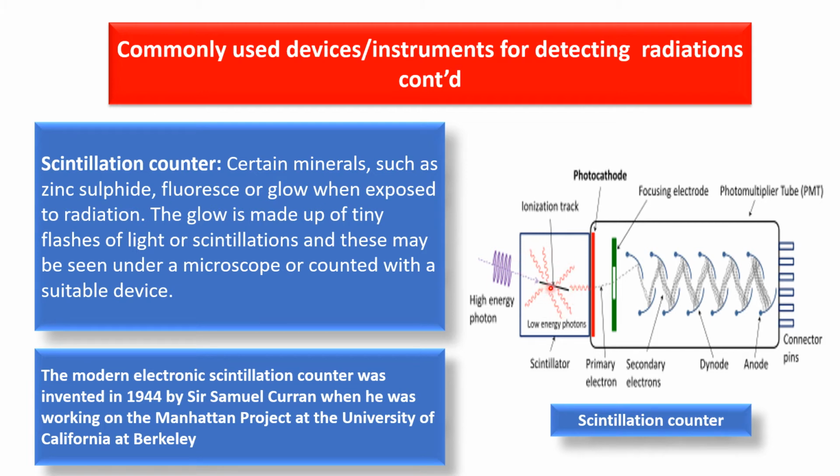We have the diode and the anode. We also have the focusing electrode. This particular box is the multiplier tube. So this is the model of a scintillation counter, and the modern electronic scintillation counter is like our computer desktop that we have in our various homes.